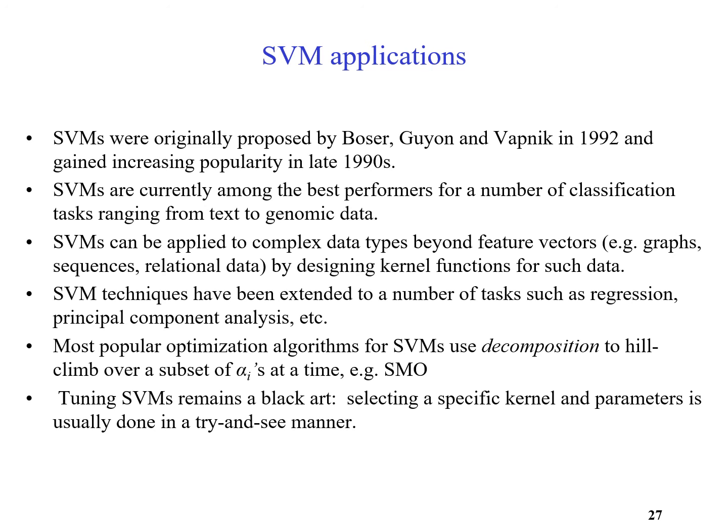So I can apply this to complex data types. I told you about graph, sequence, relational data, or whatever. As long as you come up with a kernel function for the data type and it satisfies Mercer's condition, then you have no problem. You can plug that kernel function into the SVM and run it, and it's very nice. You're good to go.